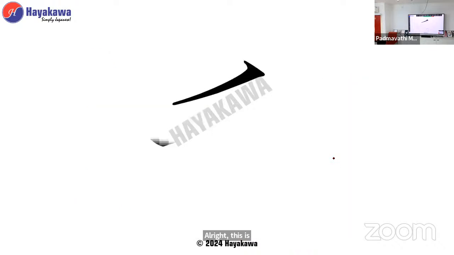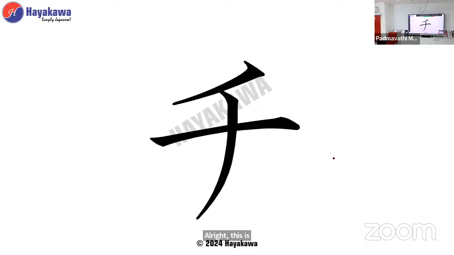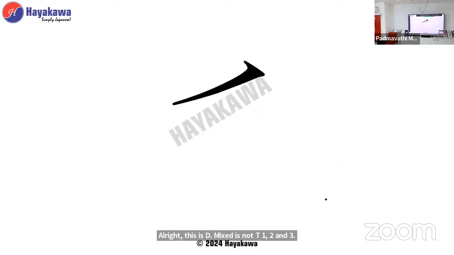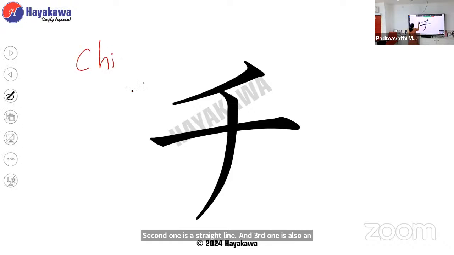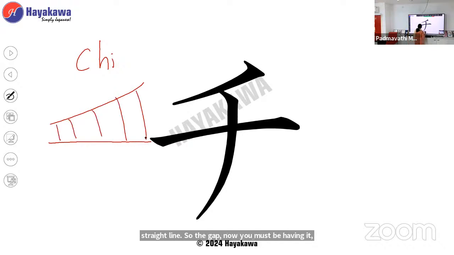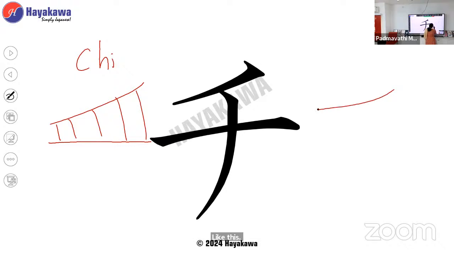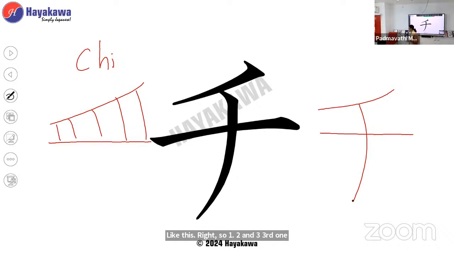Next is chi. 1, 2, and 3. The first one is not a straight line, slightly lowering down. The second one is a straight line, so you must have the gap like this. 1, 2, and 3. The third one is also not a straight line.